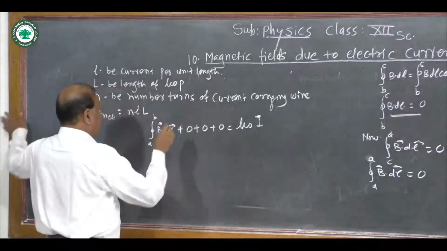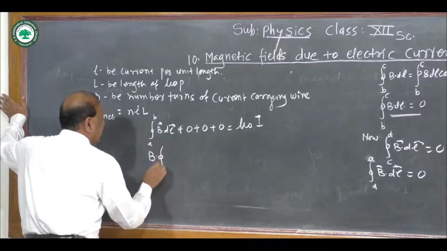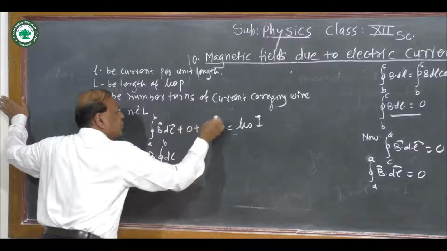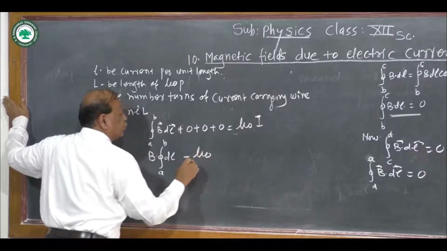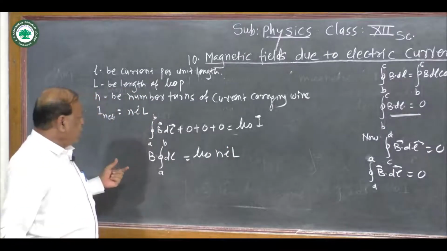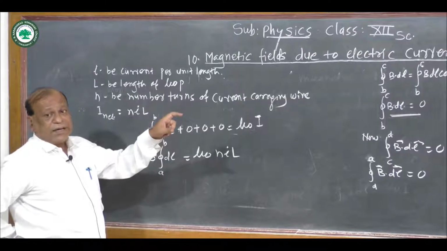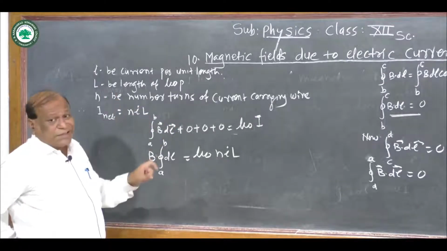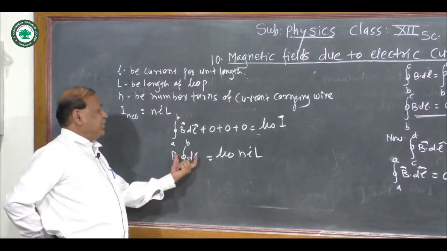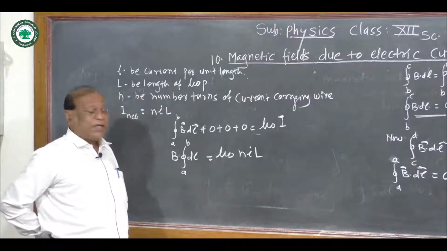Putting the value of I net, which will be N i L, the wire AB, or the rectangular wire, is made up of a large number of small elements dl, and therefore the line integration of dl is the total length L of the loop.